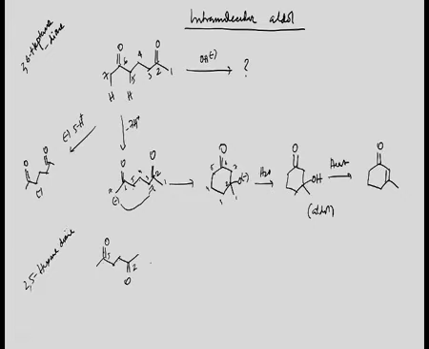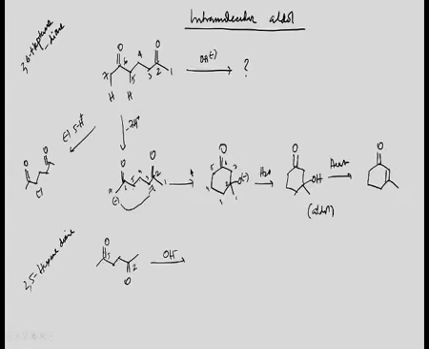Here if you put sodium hydroxide, this will get deprotonated here also, because this will generate a 3-member ring, but this will generate a 5-member ring, and similarly you get this compound.